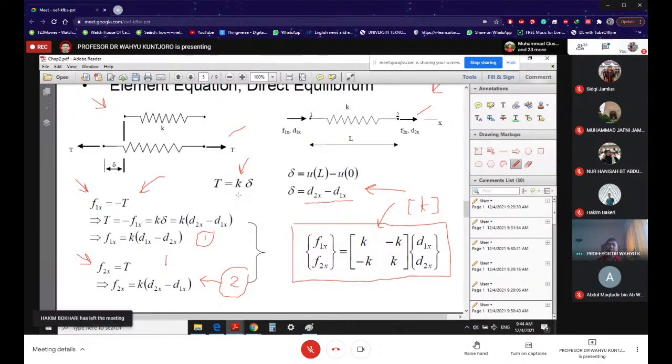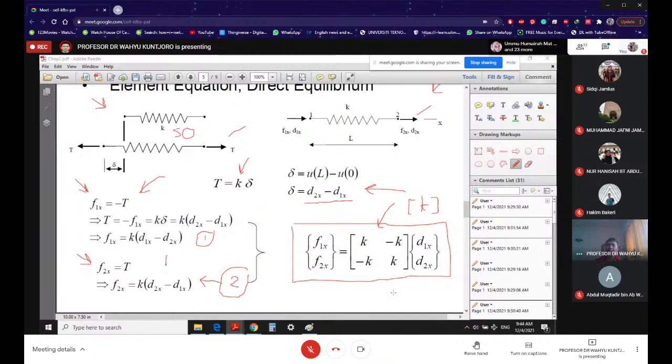But of course, the value inside is going to be the spring stiffness. So if the K here is 50, for example, then this is going to be positive 50, minus 50, minus 50, and 50.